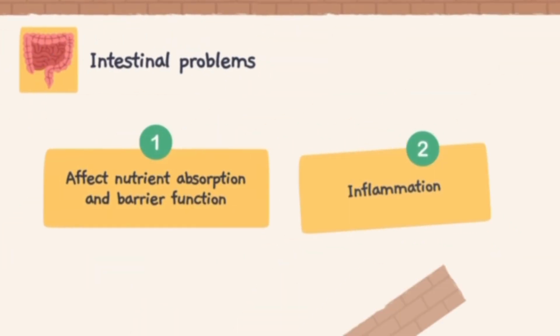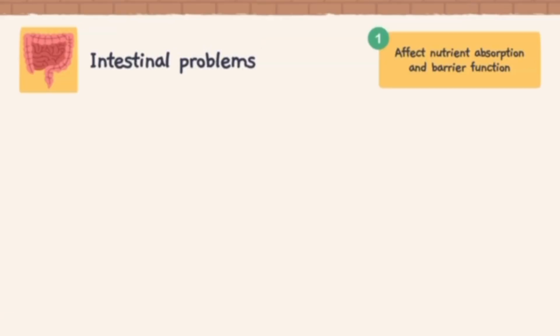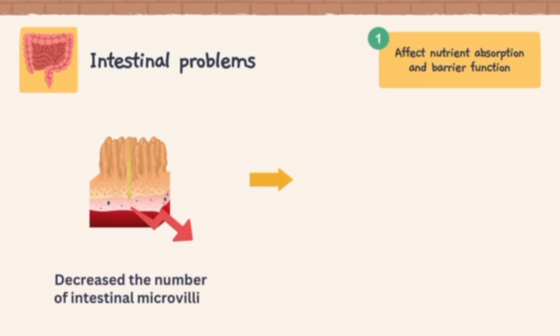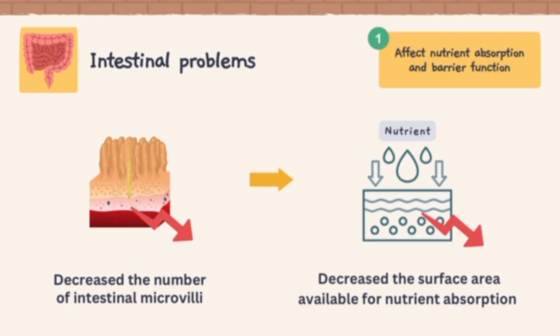Two examples of intestinal problems are impaired nutrient absorption and barrier function, as well as inflammation. Silicon dioxide nanoparticles decrease the number of intestinal microvilli, which decreases the surface area available for nutrient absorption.